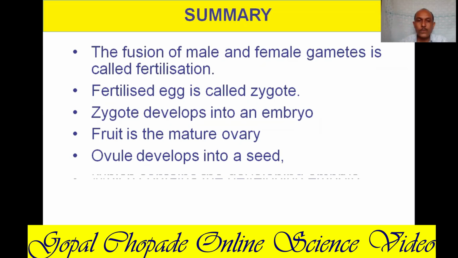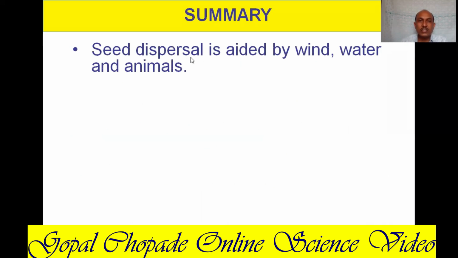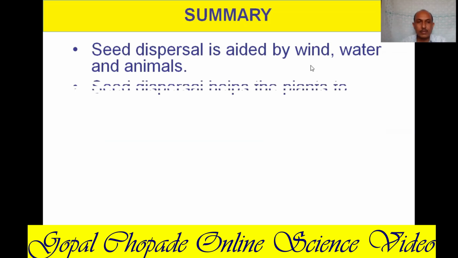Ovules develop into seeds and the ovary develops into fruit. Seeds contain the developing embryo, the future plant. Seed dispersal is done by wind, water and animals.